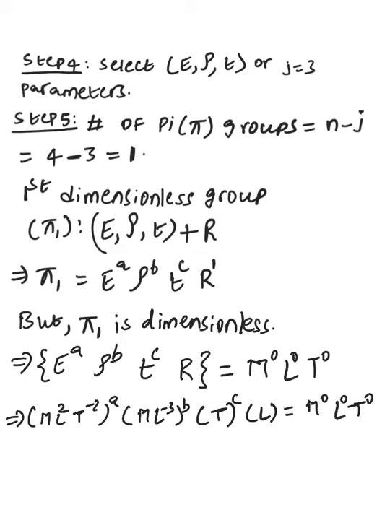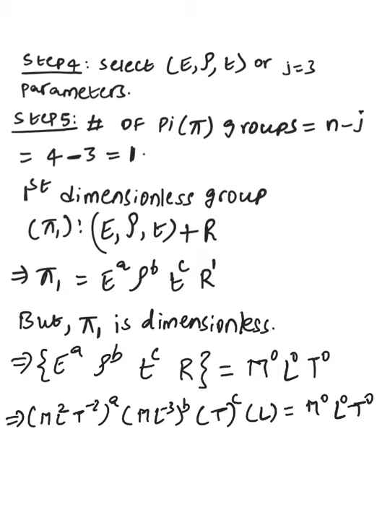T is time, which is represented in dimension form as T raised to the power of c, and radius r is a measurement of length, which is represented as L. r has a power of 1, so I'm not writing any power for that. Without any power, it means it is raised to the power of 1.